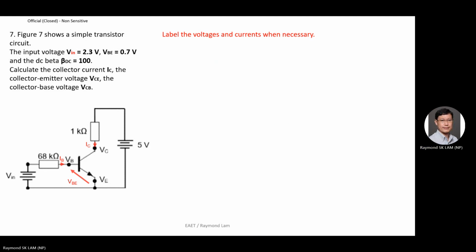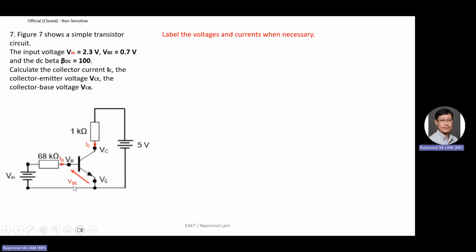Now, let's say I give you VBD, you draw the arrow. Where's the arrowhead? The arrowhead is at the B here. Why? The rule is the first subscript is the arrowhead. The second subscript is the arrow tail. So you have 2 points to measure the voltage. Sometimes we say this is the plus side of the voltage. Same thing for VBE, we follow the same rule.